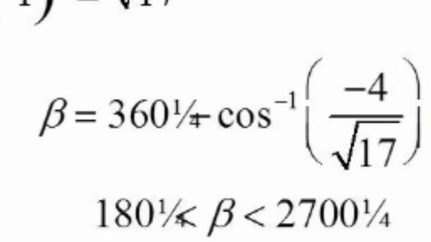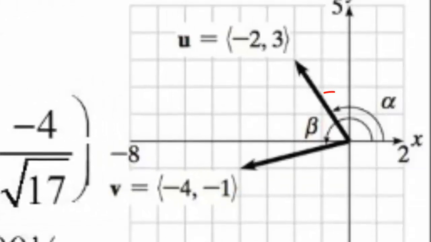So calculate negative 4 divided by the square root of 17, find the arc cosine, and we get 14.03624. Well, obviously, beta is not 14 degrees. Beta has to be between 180 degrees and 270 degrees.